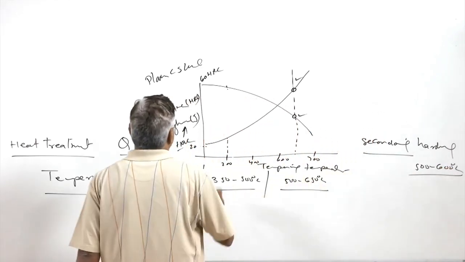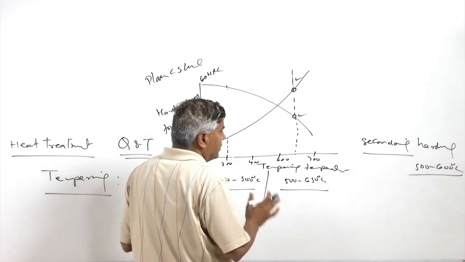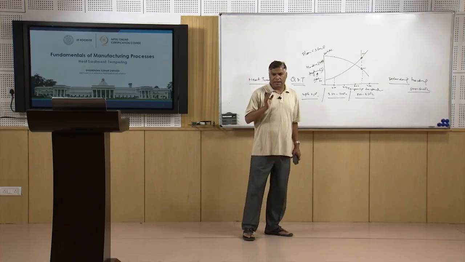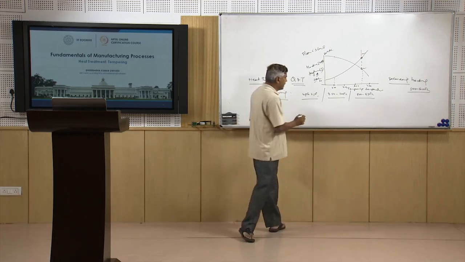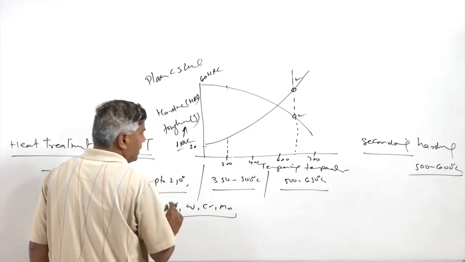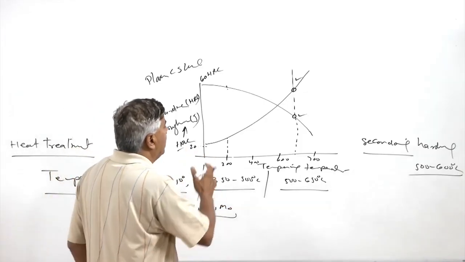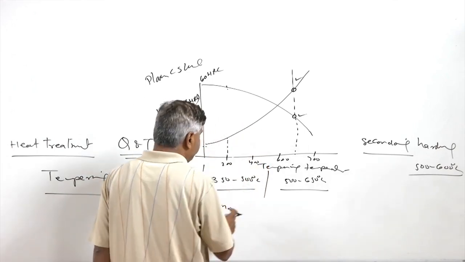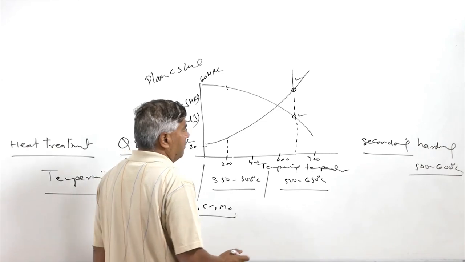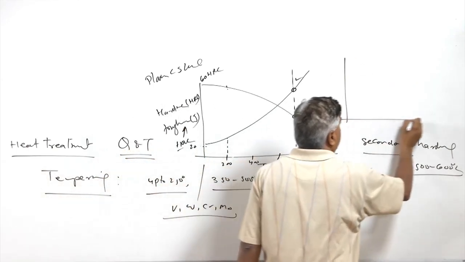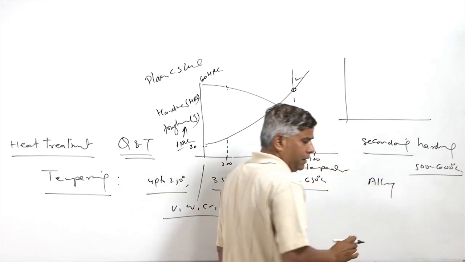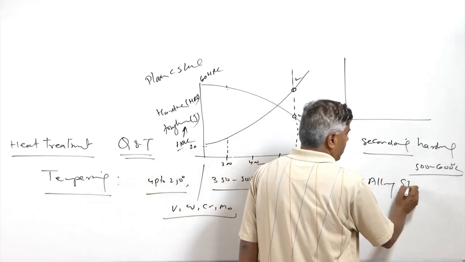So if the case is not of simple carbon steels but of alloy steels where carbide forming elements like vanadium, tungsten, chromium, molybdenum are present, then these elements at higher temperatures start forming their carbides, which in turn improves the hardness.